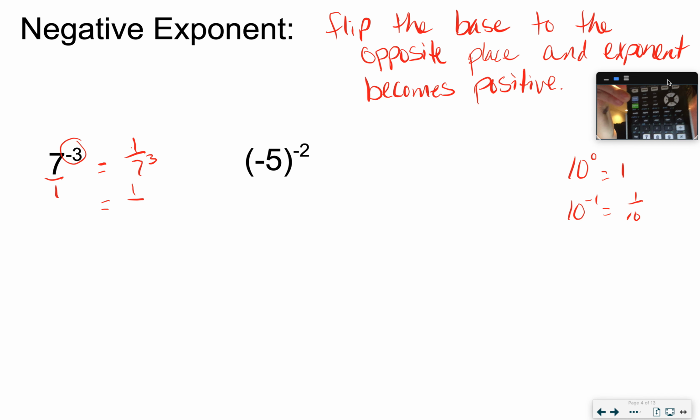That little rooftop button right there does your exponents, and it can be any exponent that you want. So I'm going to put in a 3. So 7 to the third power, my calculator said, is 343. All right. So 7 to the negative third power is equal to 1 over 7 to the third power, which then simplified would be 1 over 343.